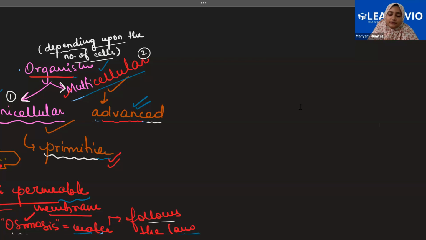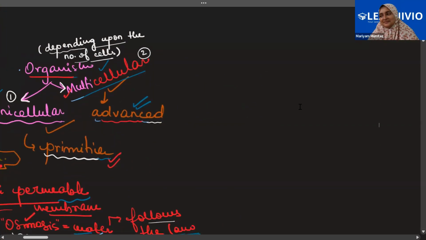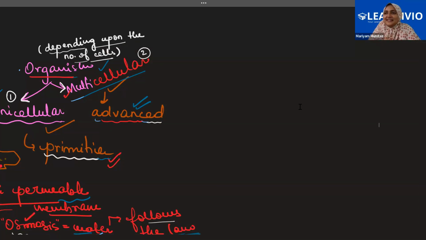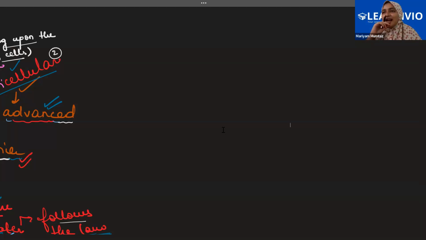Tell me the difference between arteries and veins. Arteries transport blood from the heart to the lungs, and veins from the lungs to the heart. No, arteries don't say from where to where.